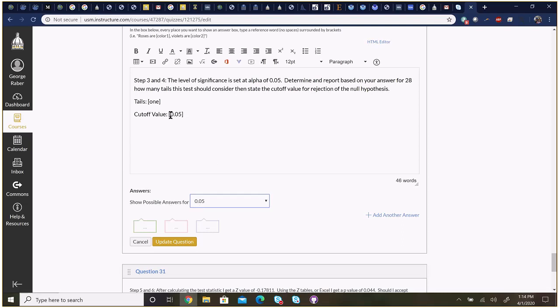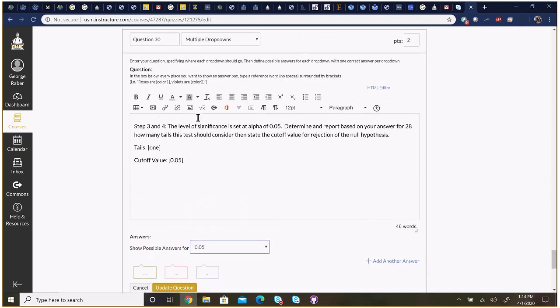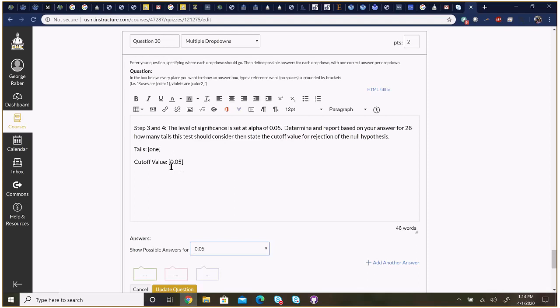So if you got that one wrong, if you got it right, in other words, if you got 0.05 and I didn't give you full credit for that, please let me know. So I forgot to include an answer there. So whatever you put, you got it wrong. But the correct answer was 0.05. So that's one of the errors that I made in here.